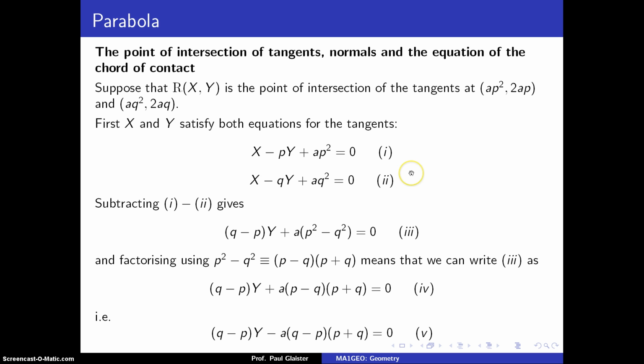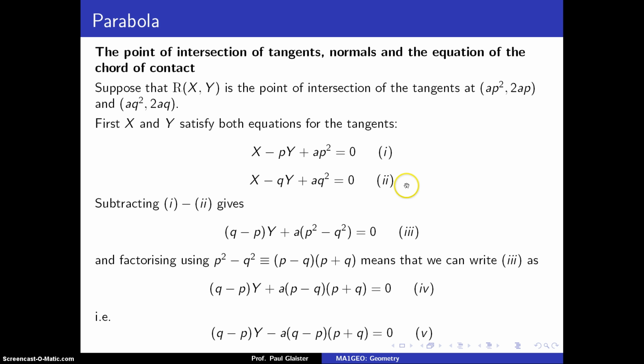Now, because we're after finding explicitly what x and y are, we can subtract these two equations to eliminate, in this case, x. It doesn't matter how you eliminate x and y to find each in terms of p and q, but this is one easy way of doing it.